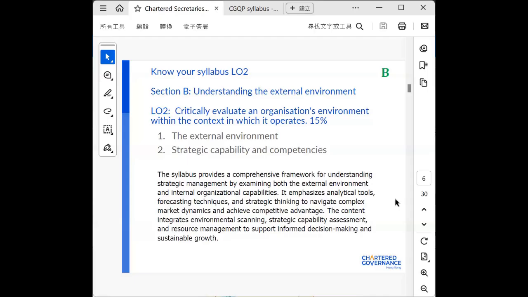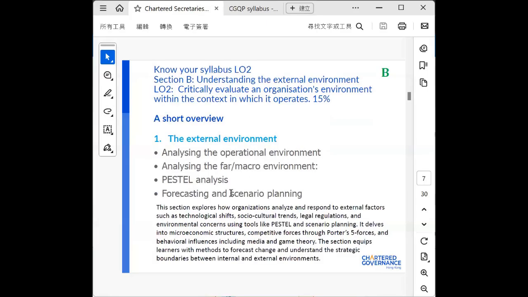The context integrates environmental scanning, strategic capability assessment, and resource management to support informed decision-making and sustainable growth. Again, firstly we give you an overview of the external environment, and then the second part, which is on the strategic capability.